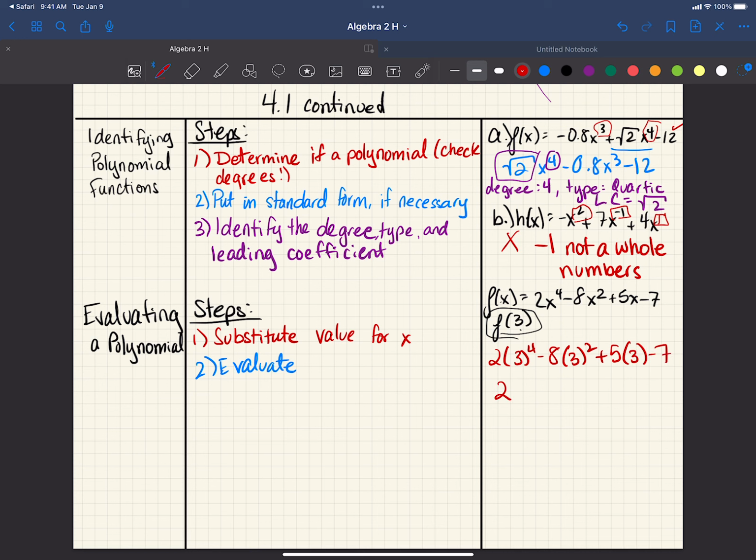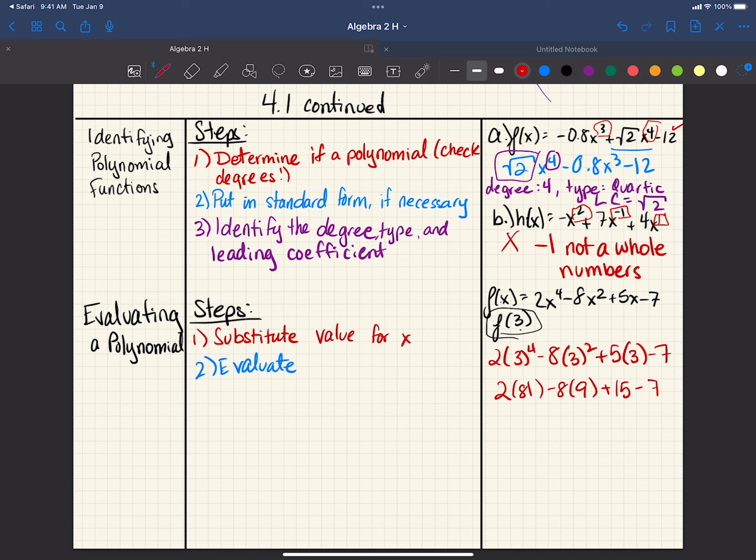So I'm going to do 2, and off the top of my head, 3 to the 4th, I'm not sure, but I'm going to have to. So 3 to the 4th is actually going to be 81 minus 8 times 9 plus 15 minus 7. Now, I don't want to combine the 15 minus 7 just yet. I just kind of want to leave it there until I've gotten everything else figured out.